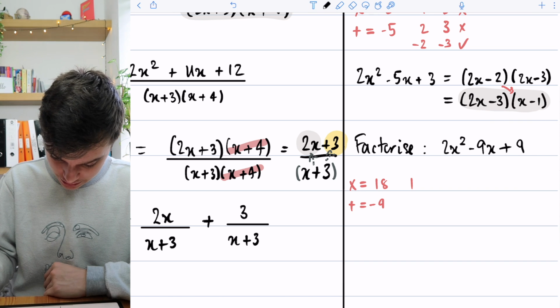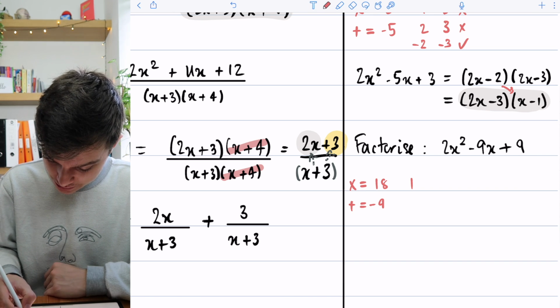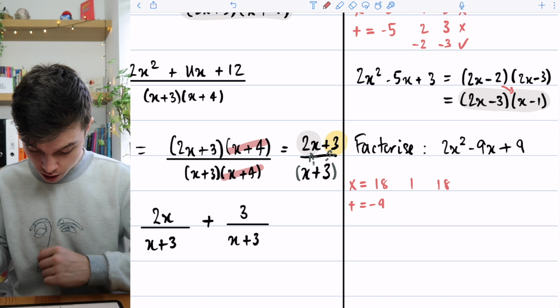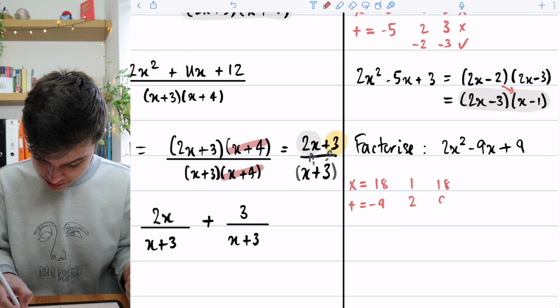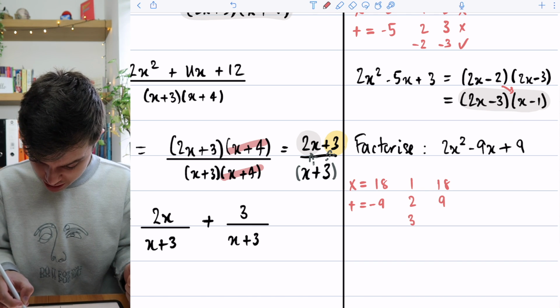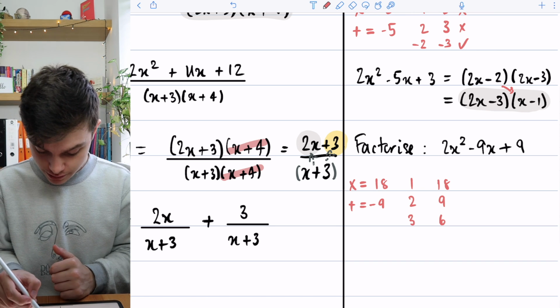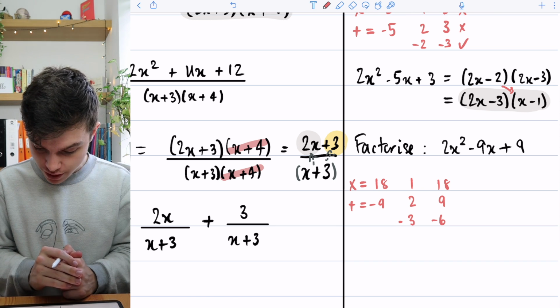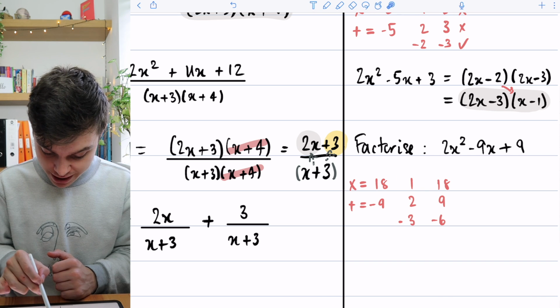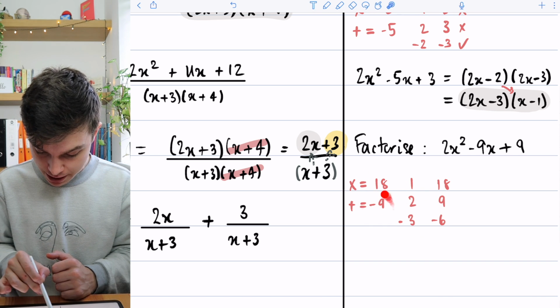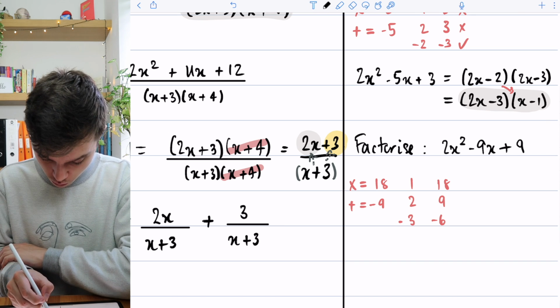Okay, so we need 1 and 18 there, that does not work. 2 and 9 does not work. 3 and 6, they add to give me minus 9, so if we put negatives on both of those, they still times to give me 18, and they add to give me minus 9. So that's what we will use.